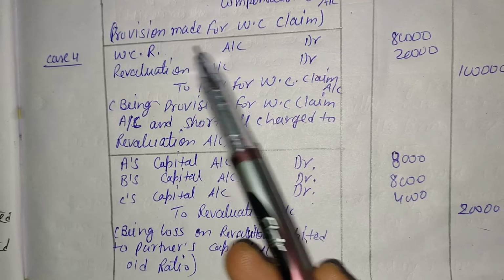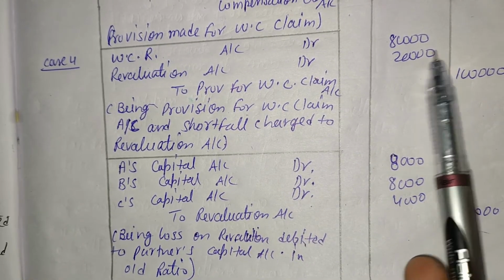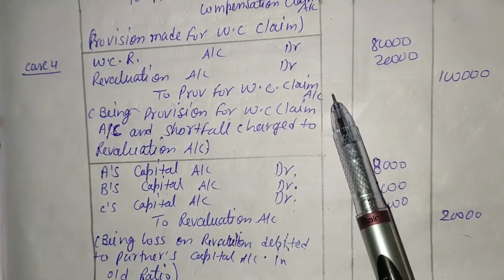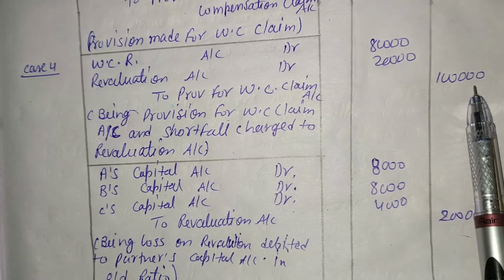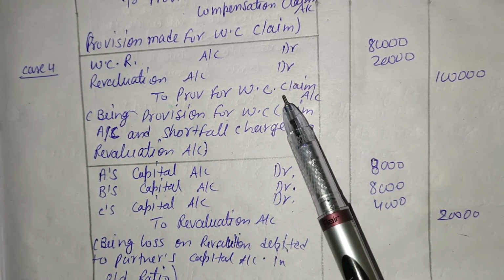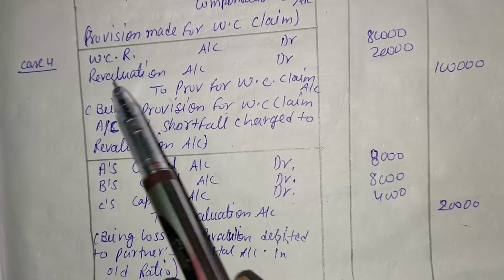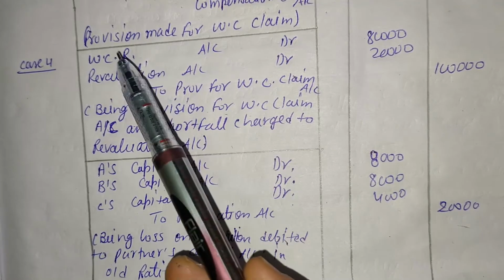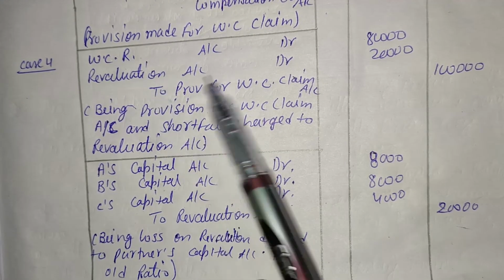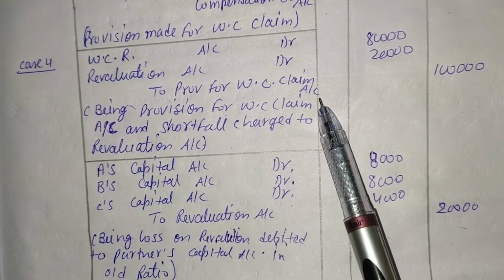So workman compensation reserve account debit by rupees 80,000, and in the additional information 1 lakh is given. So provision for workman claim account credit by rupees 1 lakh. The 20,000 difference is not on the credit side; the balancing figure is on the debit side, and we can debit it by the name of revaluation account. So workman compensation reserve account debit, revaluation account debit to provision for workman compensation claim account.